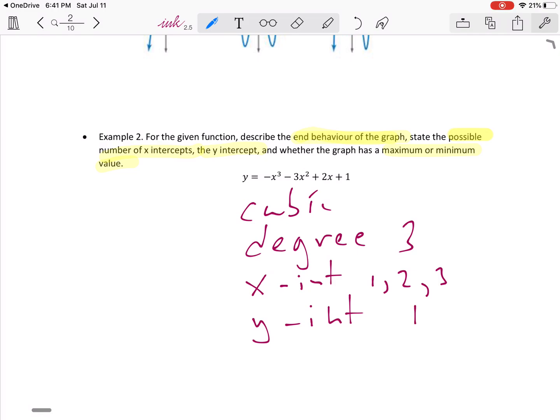And now, how do we know which way the graph is going? So there's your leading coefficient. It's negative.